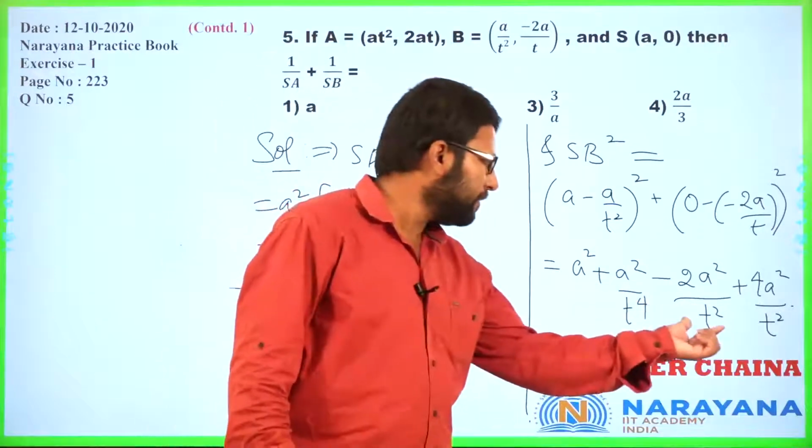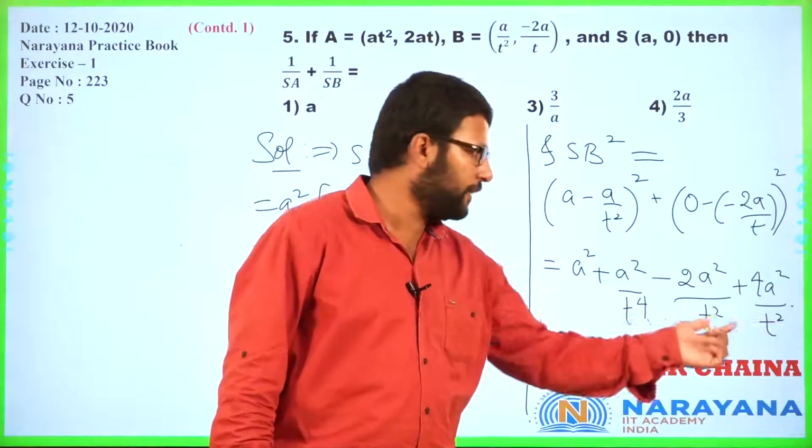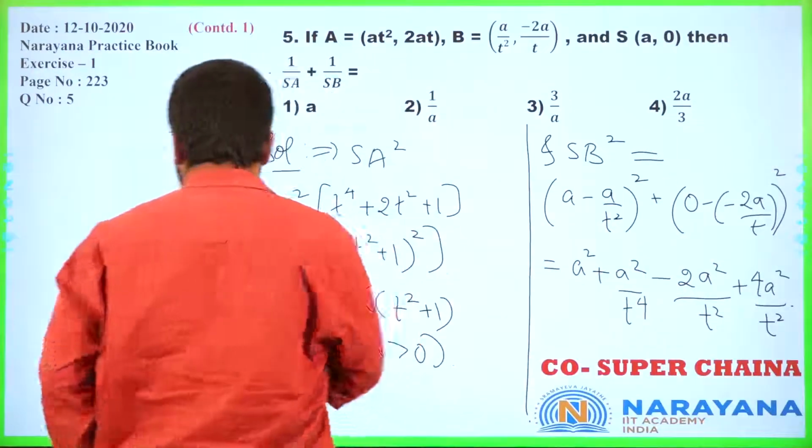Once again, can you see? Minus 2a square by t square plus 4a square by t square. It will become plus 2a square by t square, right?